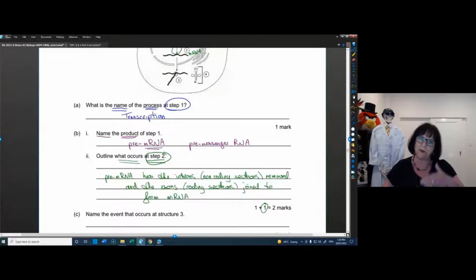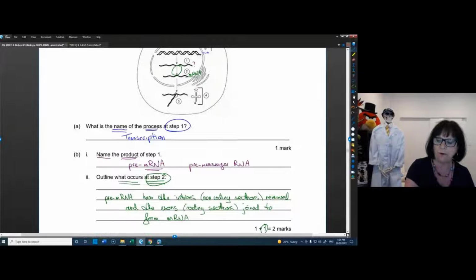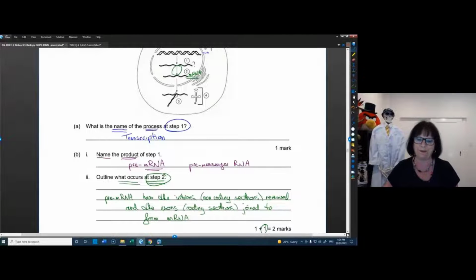So it's just outlining what's happening. Now, I'm not saying just that the introns have been removed. I'm then saying the exons are being joined because we have to actually form this mRNA molecule. So that's what's happening. It's introns removed, exons joined.